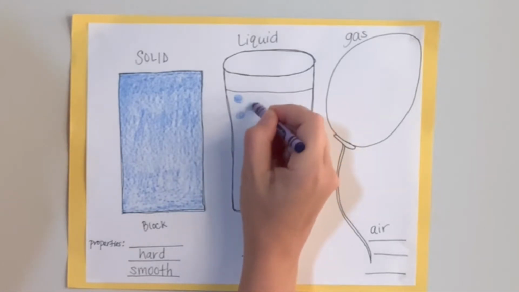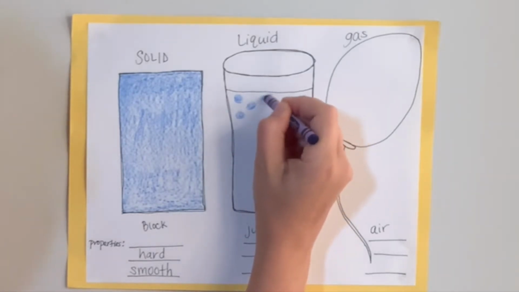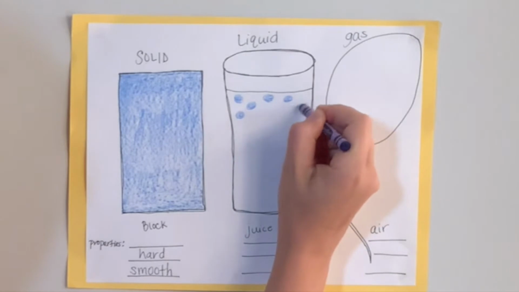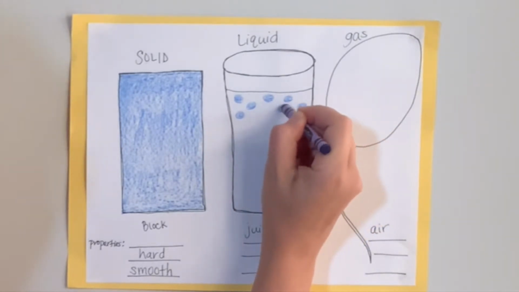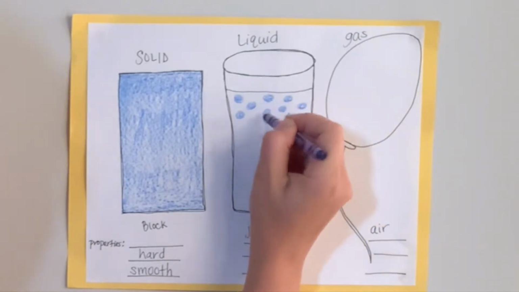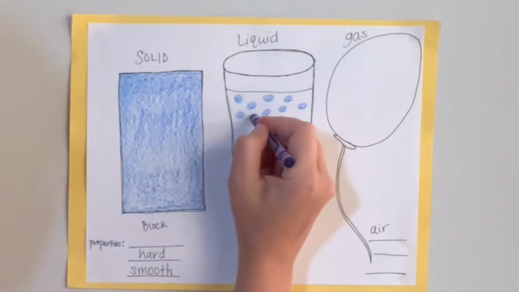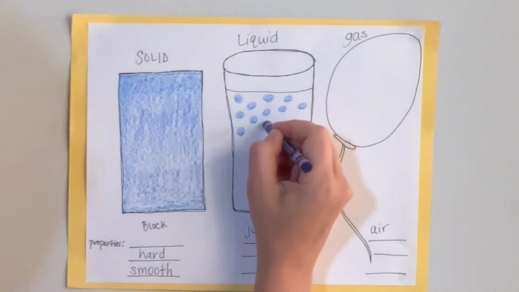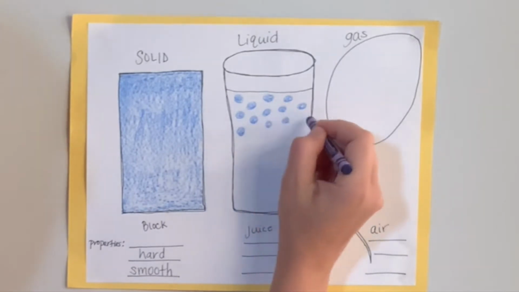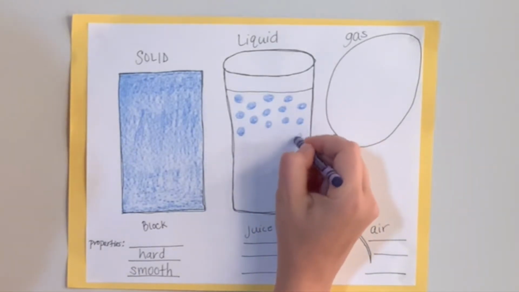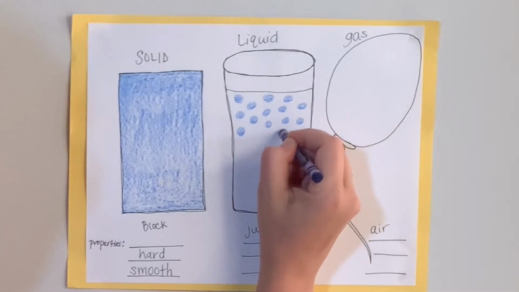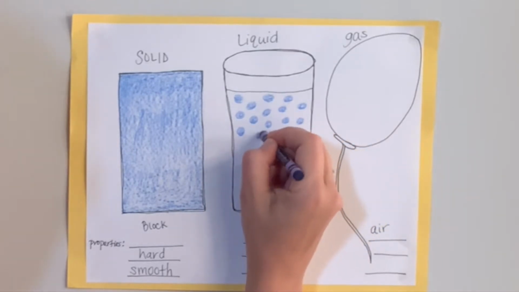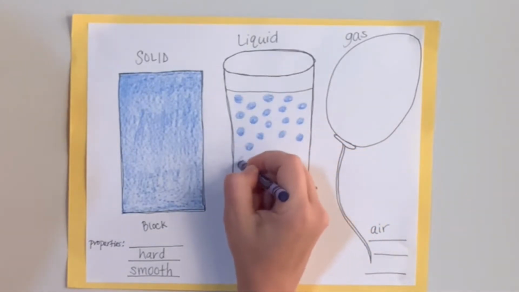And we're going to put them close but not touching. Okay? And this way we can see it's not a solid because it's not one complete color, but we are learning that it's a liquid. So the color is going to be close but not touching.